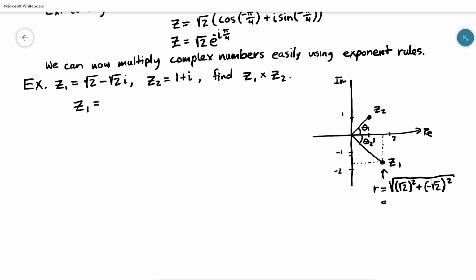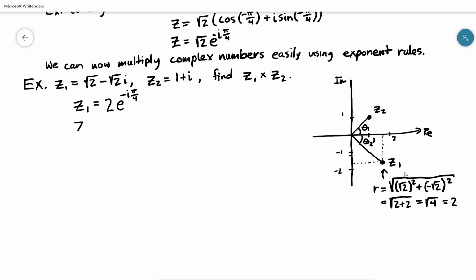When I square root 2, it'll be just 2. Same thing with this one, it'll be 2. I'll have 2 plus 2, which is 4, the square root of which is 2. That distance is 2. So we've got 2, and it's e to the i times the angle. What is this angle? That is a 45-degree down angle, so this is e to the negative i pi over 4, because it's an angle of negative pi over 4.